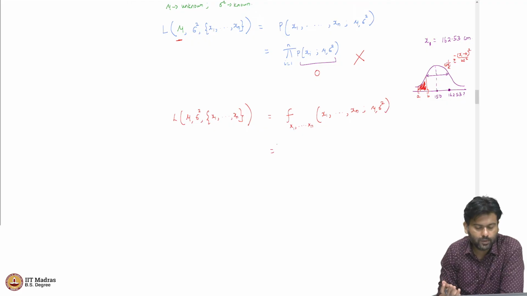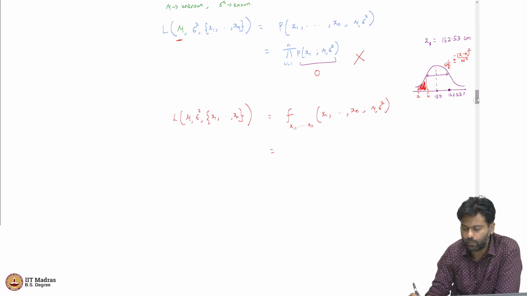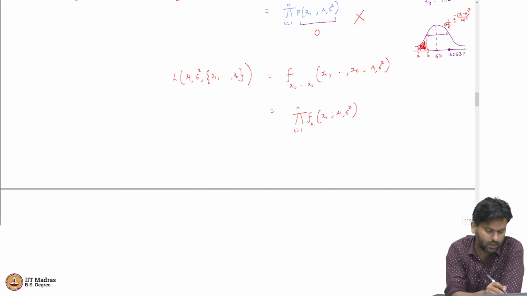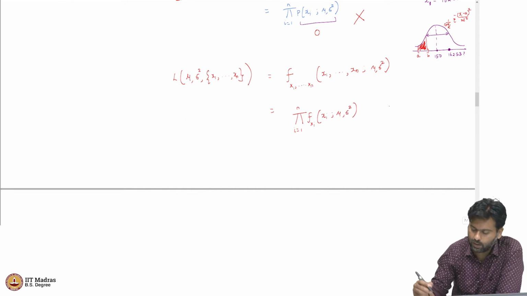Now, PDFs behave similarly to probabilities for a lot of cases. In fact, if the data points are independent, PDFs will factorize. So, this can be written as the product over i equals 1 to n of f of xi parameterized by mu and sigma square. What does this mean? This means that I am looking at the bell curve's value at xi, right.